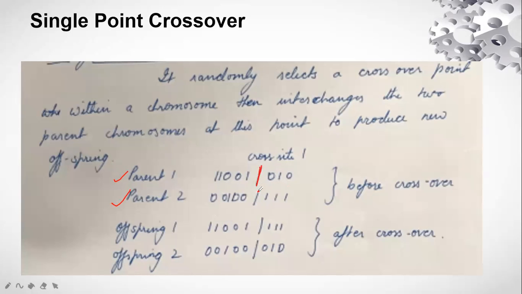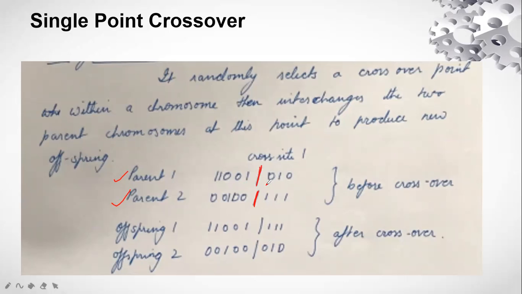Since this is single point, I have to select only one cross site in this individual. After this cross site, whatever bits are there, I have to swap these bits, and then I'll create the offspring.